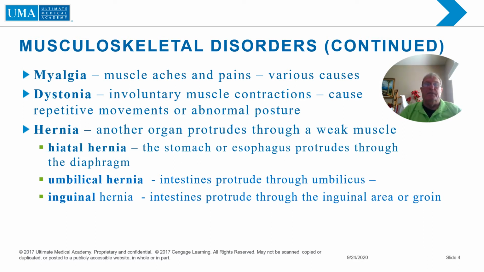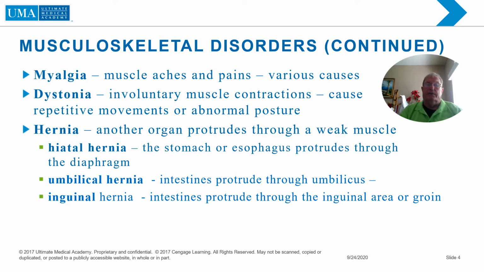You have a hernia. This is an organ that protrudes through a weak muscle. The hiatal hernia is the stomach or esophagus protruding through the diaphragm. The umbilical hernia, intestines protrude through the umbilicus. In an inguinal hernia, intestines protrude through the inguinal area or the groin area.